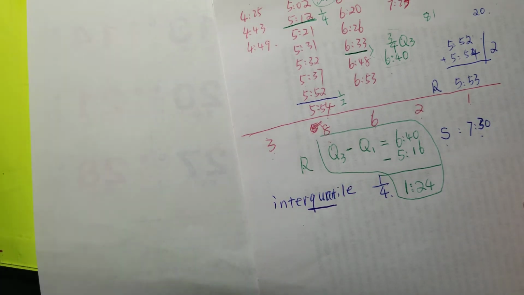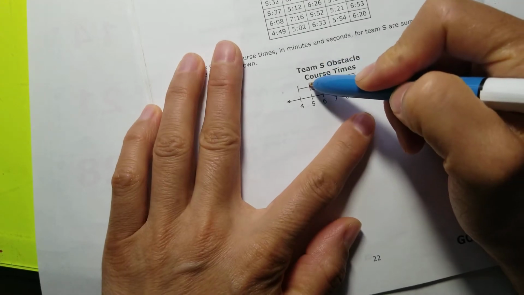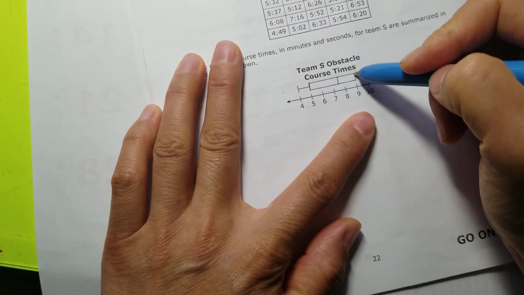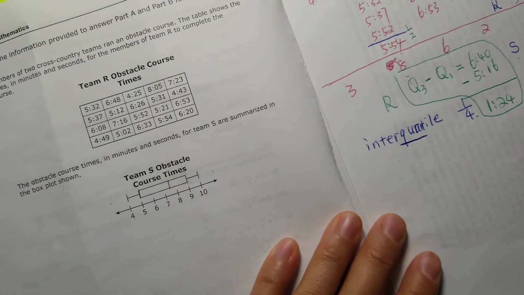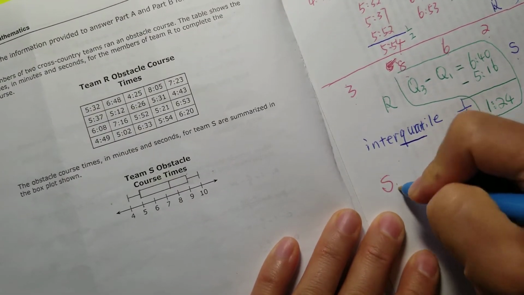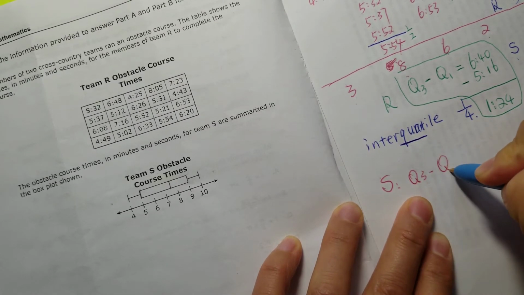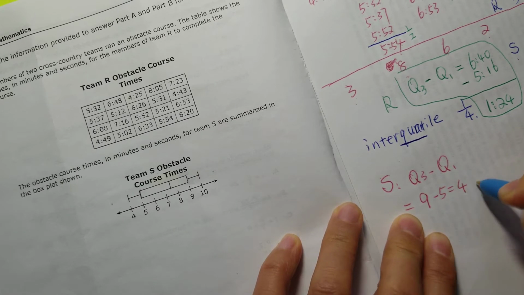Now for team S, it is much easier because this line represents your Q1, and this line represents your Q3. We can see Q3 minus Q1 is going to be 9 minus 5, which equals 4.